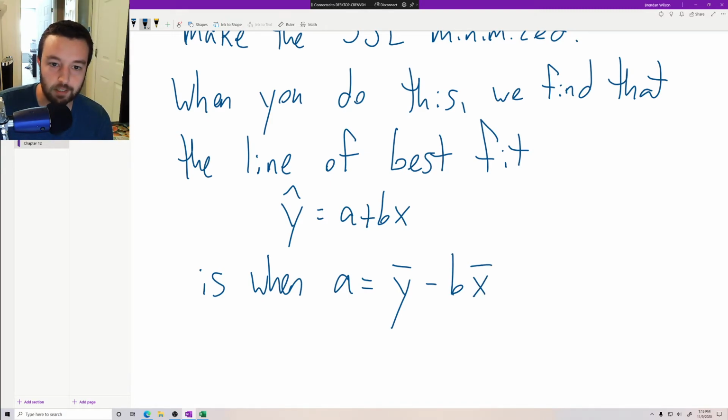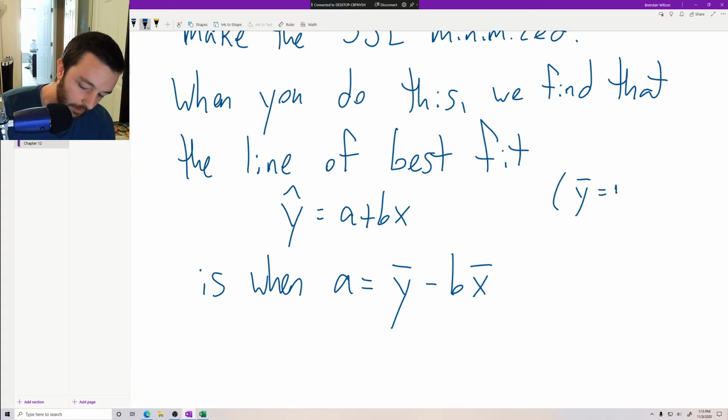So remember, y bar and x bar are the mean of x and the mean of y. So let me write that as a note over here. Y bar equals mean of y. Okay.